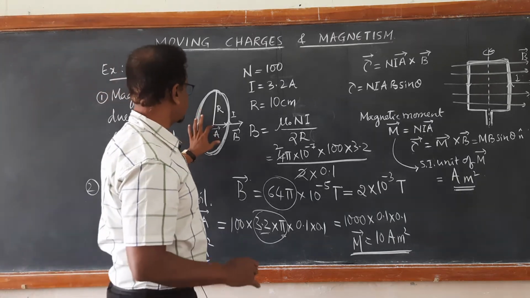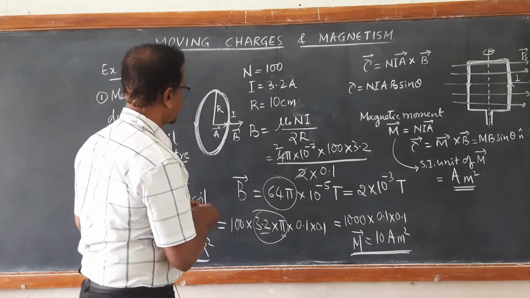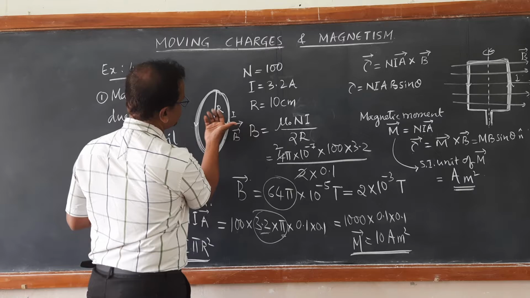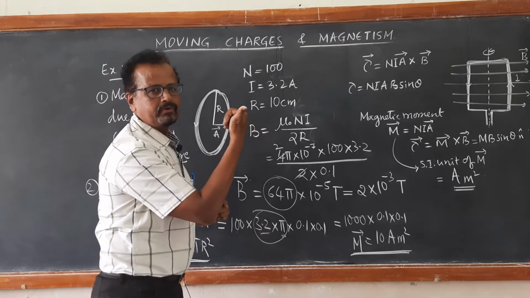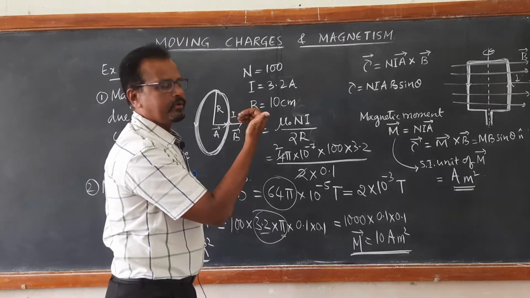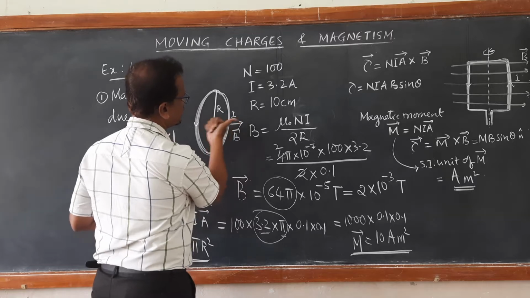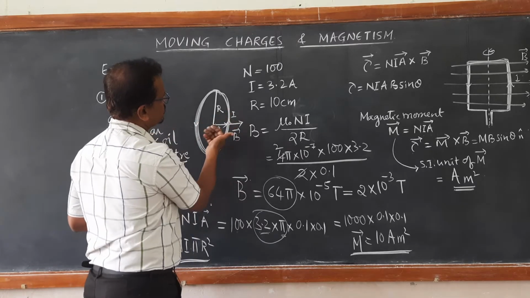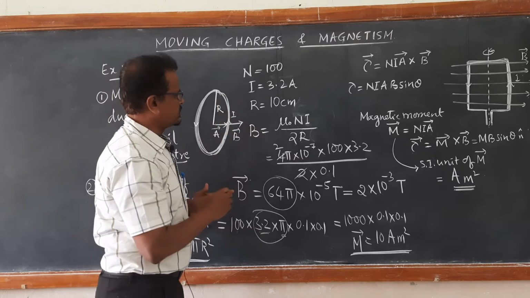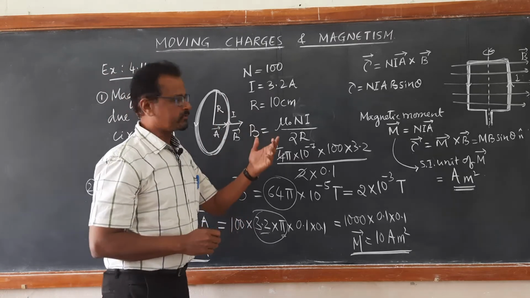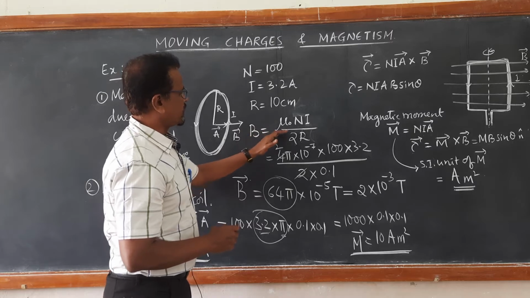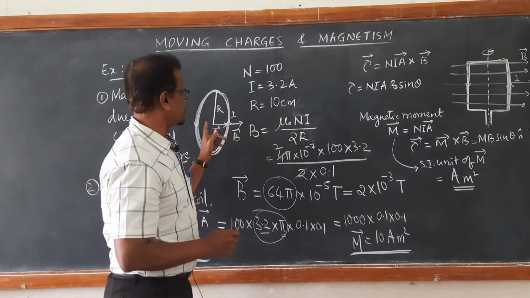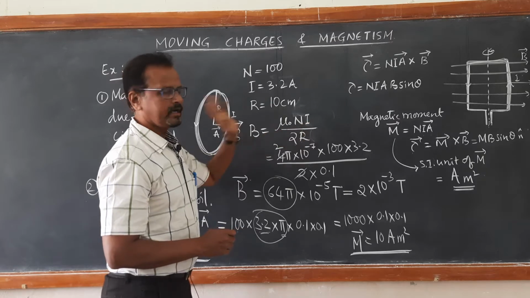If the current is in the anticlockwise sense, the magnetic field is perpendicular to the plane of the coil, which is found using the right hand rule. The thumb gives the direction of the magnetic field due to the current flowing through N turns, and the magnetic field we have already calculated as mu naught NI upon 2R, where R is the radius of the coil, N is the number of turns, and I is the current.